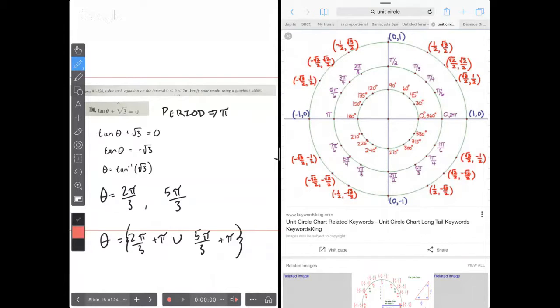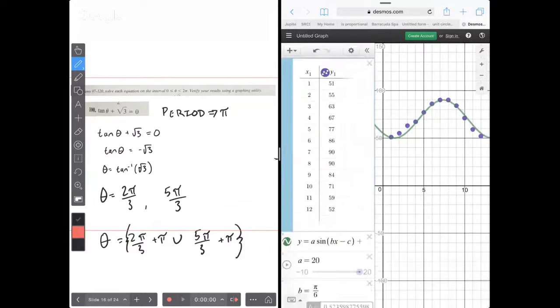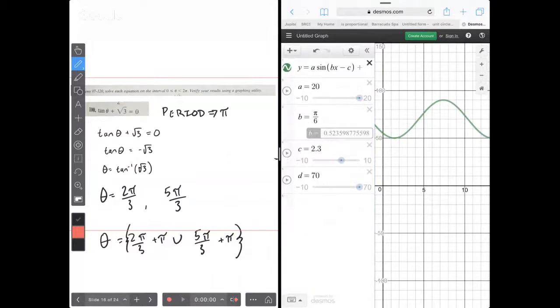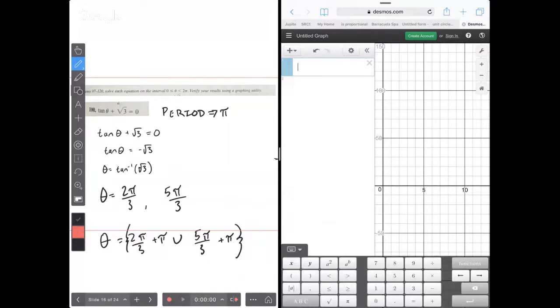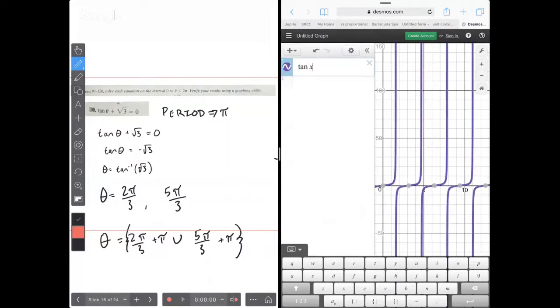Richard, it's pi because the period is pi. Desmos. Tan of x. Period pi, right?